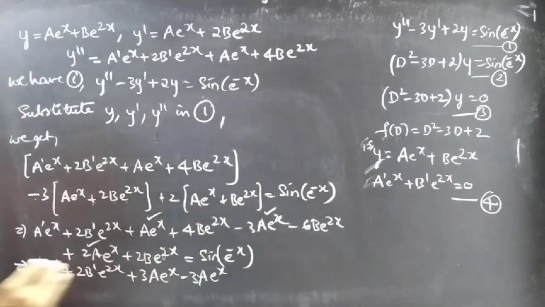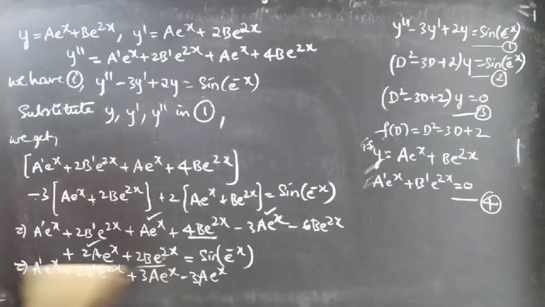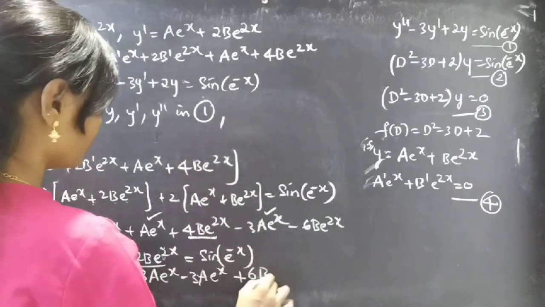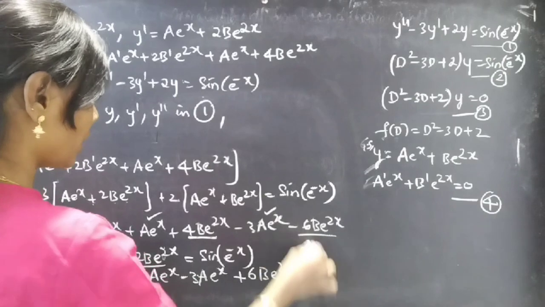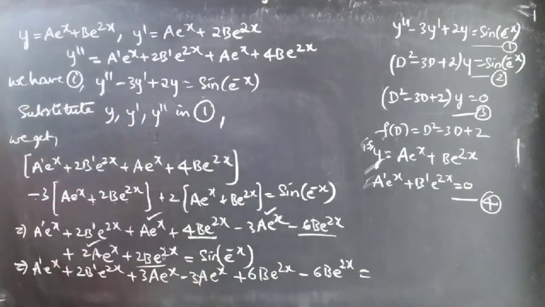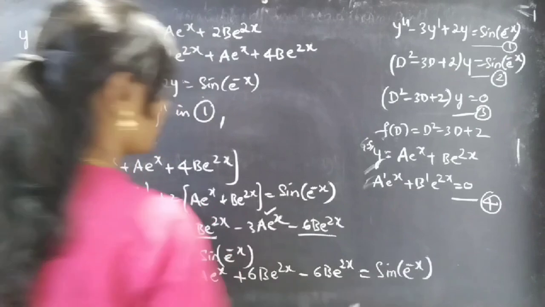We just wrote the terms involving a e power x. Now 4b e power 2x plus 2b e power 2x gives 6b e power 2x, minus 6b e power 2x. Terms involving b e power 2x equals sine of e power minus x.